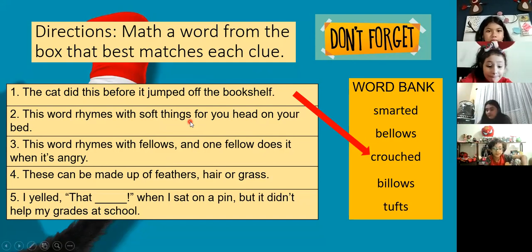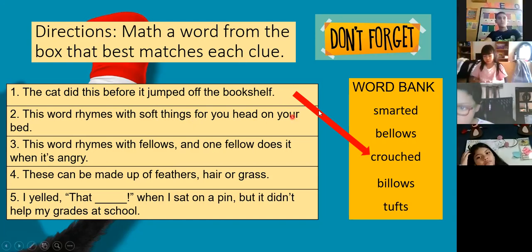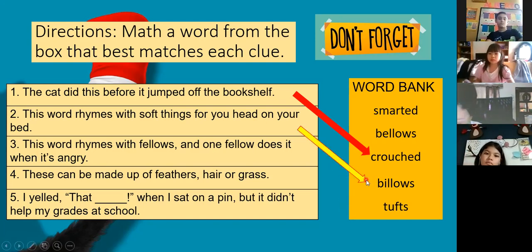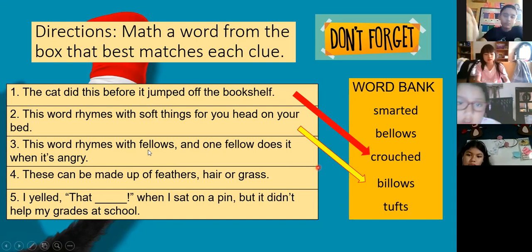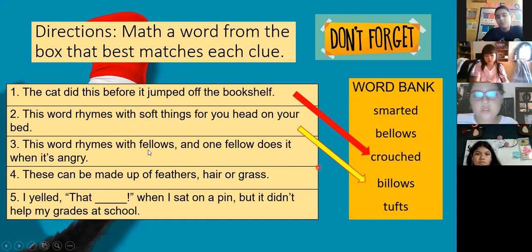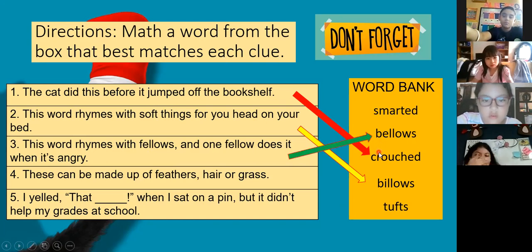What are the soft things that you put your head on when you are going to sleep? Pillows. So which word rhymes with pillows? Billows. That's right. There's one. The word rhymes with fellows. Which word rhymes with fellows? Billows. That's right. The second one.